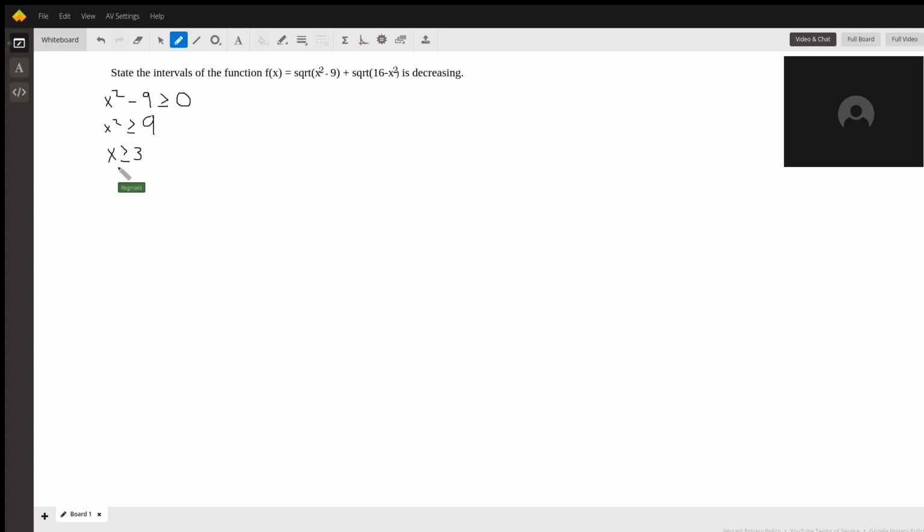Or if I take the negative square root, right, using rules of inequalities, the sign's going to switch. I put a negative here. Over here, right, 16 minus x squared has to be greater than or equal to 0.